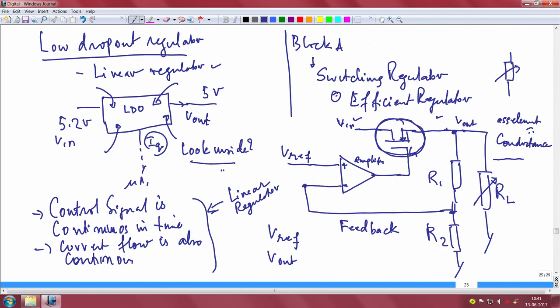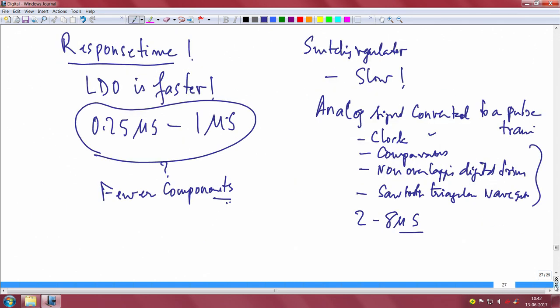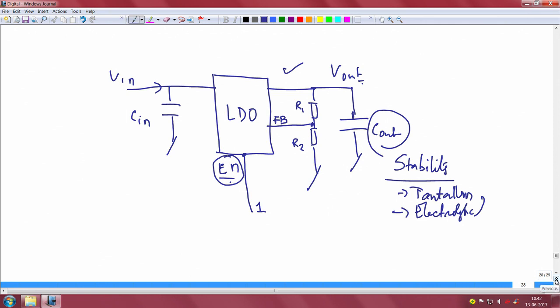In an NMOS series element, this V in is typically connected to the drain, which is VDD, the output is taken from the source, and the gate is driven by the error amplifier output in order to keep the system in regulation. This is typical of an N channel MOSFET series pass element. If it is PMOS, you just reverse it and build the circuit accordingly.